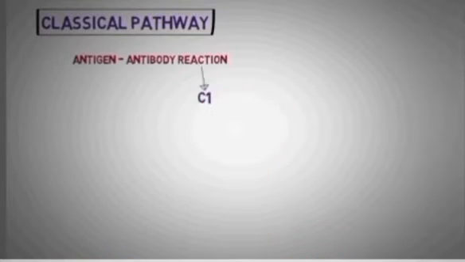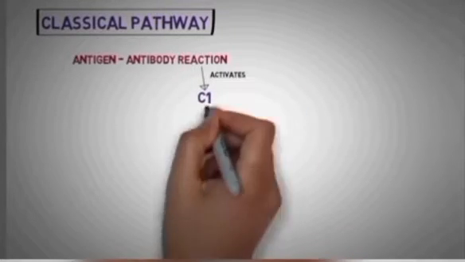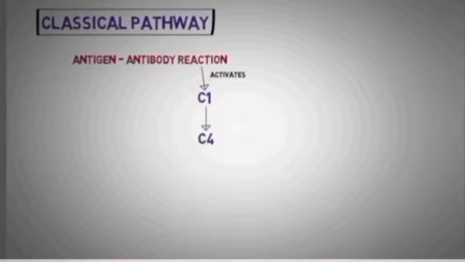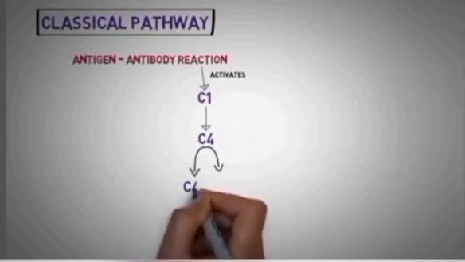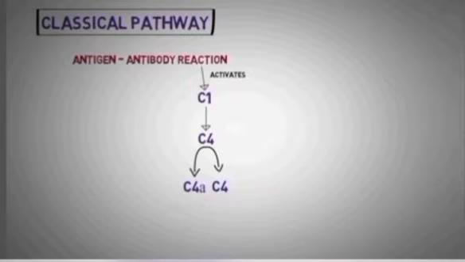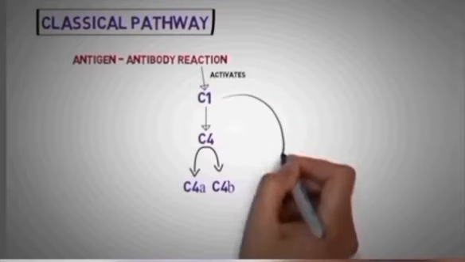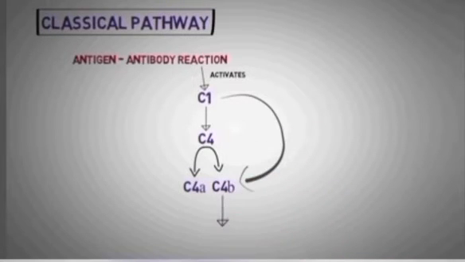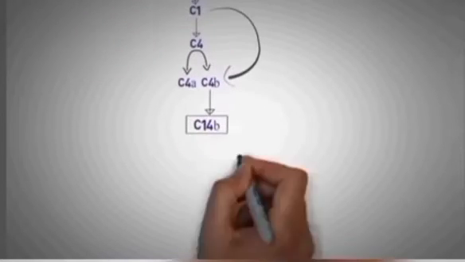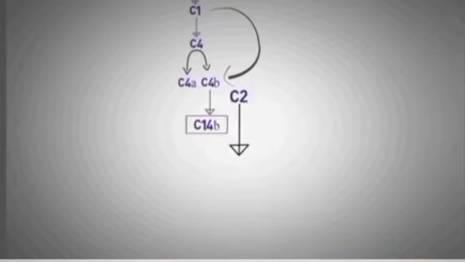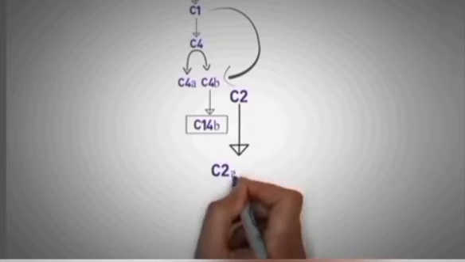Firstly, the C1 component of the complement system is activated and is converted into C4, and the C4 component is converted into C4A and C4B, the biggest molecule, to form C14B.